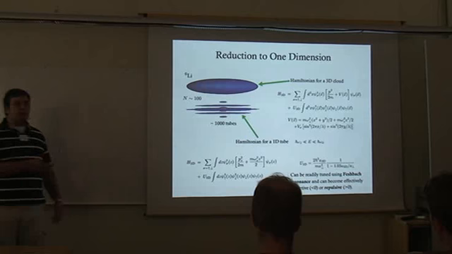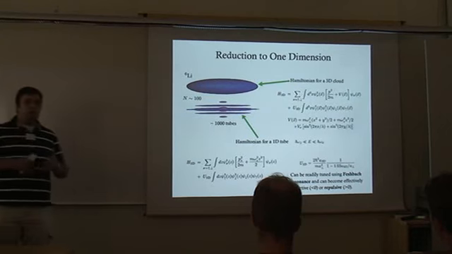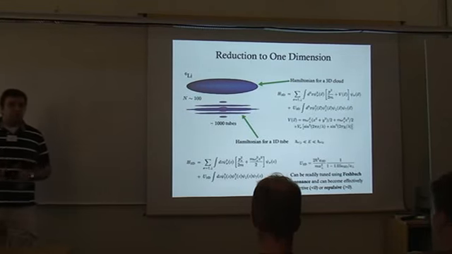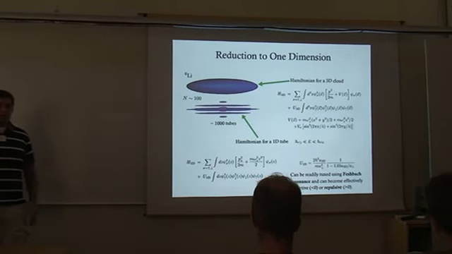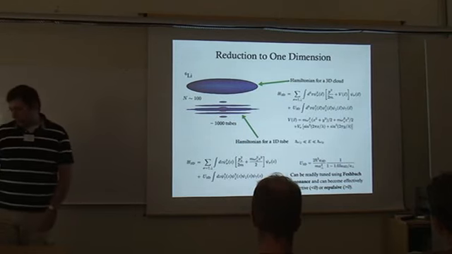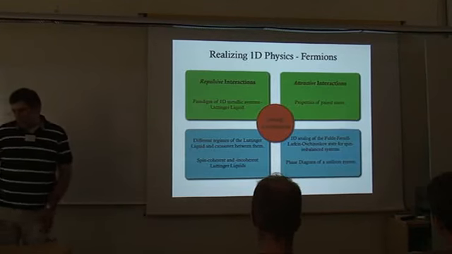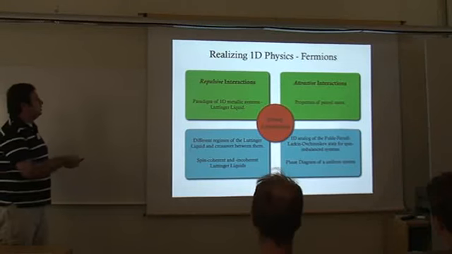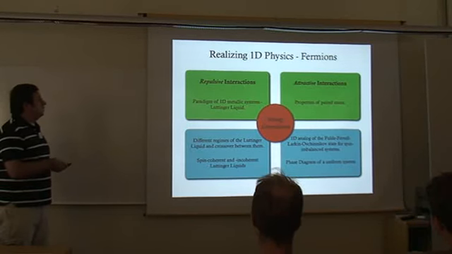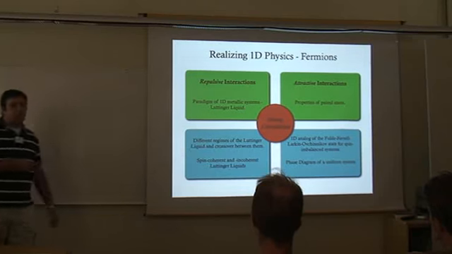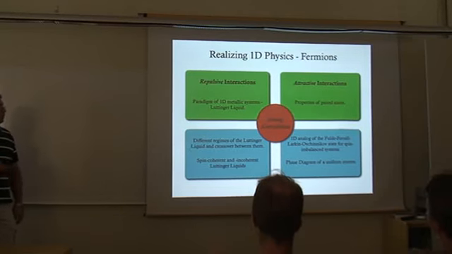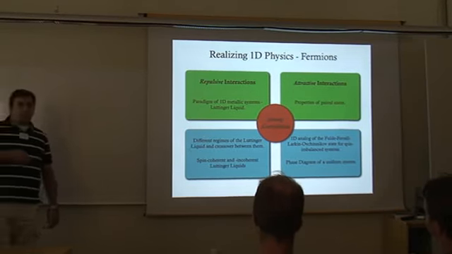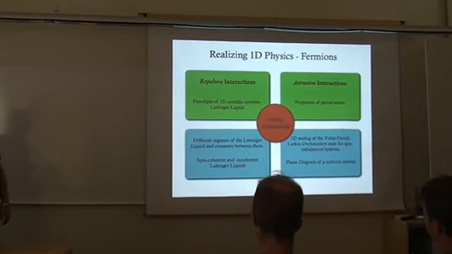So if there is no tunneling between tubes and the optical lattice is deep enough, these tubes are basically independent of each other. So what I'll be talking about in the case of fermions is, for repulsive interactions, how to realize the paradigm metallic system, Luttinger liquids, and how different regimes of this Luttinger liquid can be realized and how they can be measured.